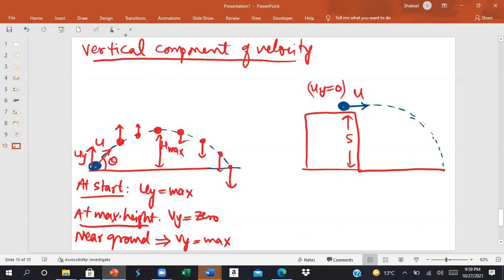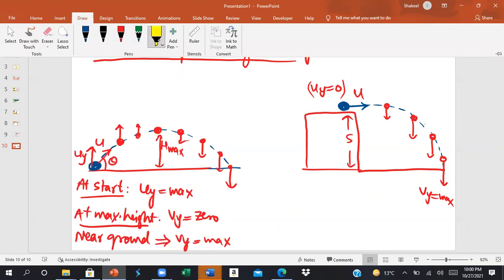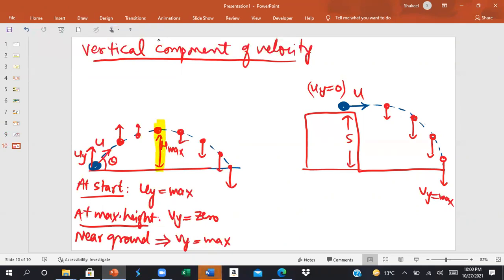But as time passes and the ball moves forward, its vertical component keeps on increasing, and it is again maximum near the ground. And at the highest point in both situations, the vertical component is 0.